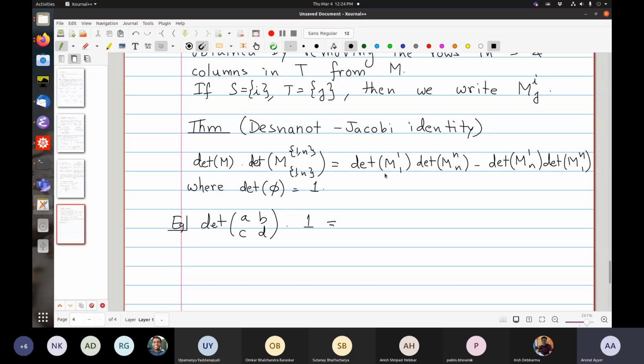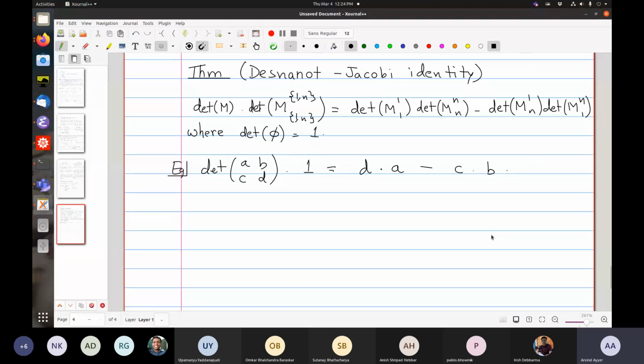This is equal to the determinant of the 1 by 1 matrix obtained by deleting the first row and first column. So that's D. Last row, last column, so A, minus first row, last column, C. Last row, first column. And this you know.